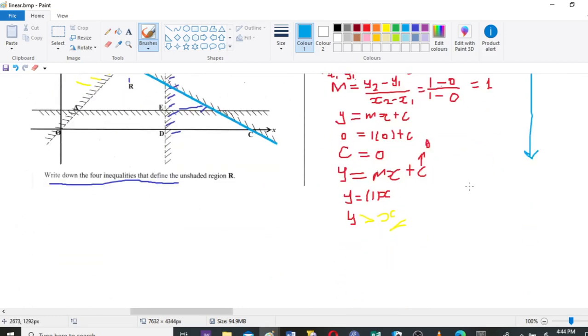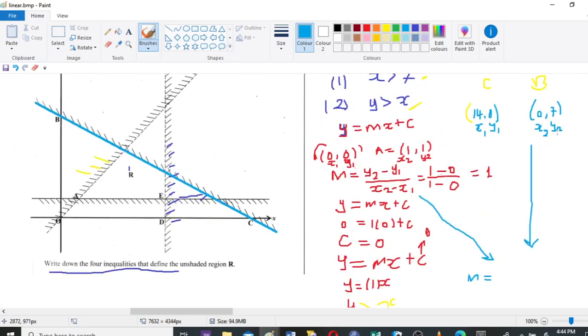We start with calculating the value of m, using the same formula. So you have your y2 minus y1. Which one is your y2? Your y2 is 7 minus 0.